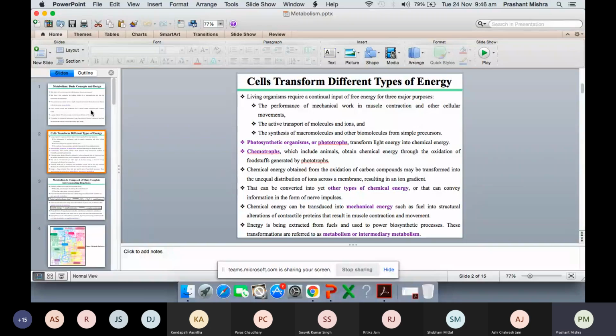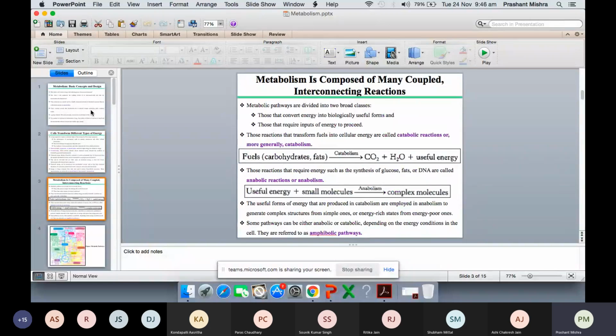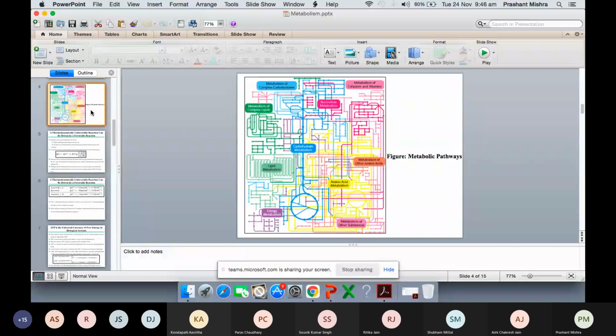Now, the types of energy transformation you have learned could be mechanical energy, chemical transport energy, etc. And you have also learned how these interconnecting reactions are involved in the actual utilization. You have learned the concept of catabolic reactions and anabolic reactions.